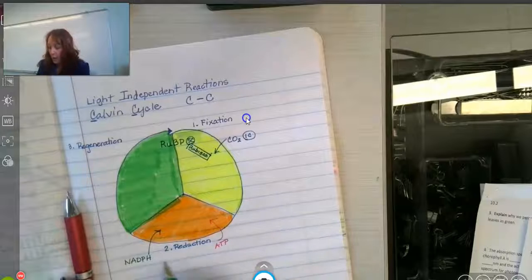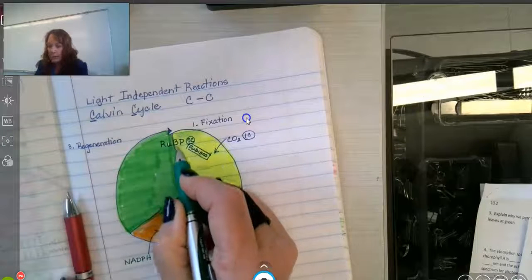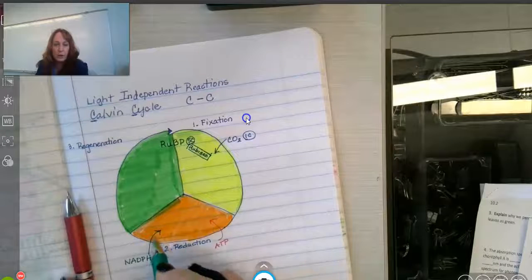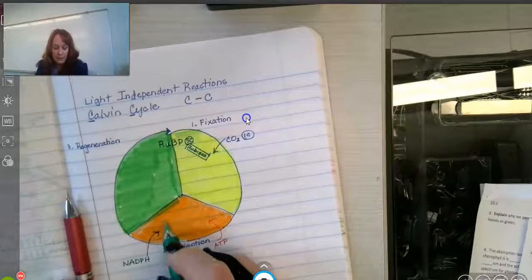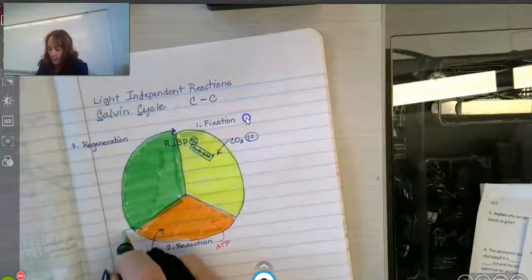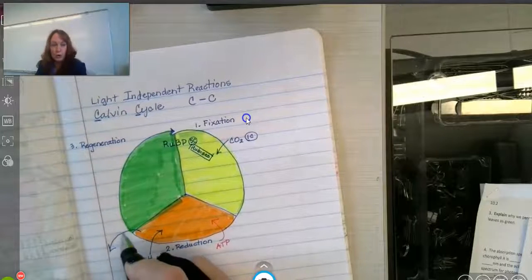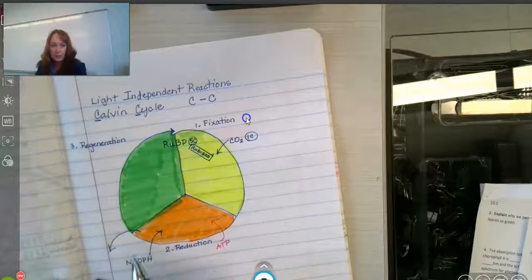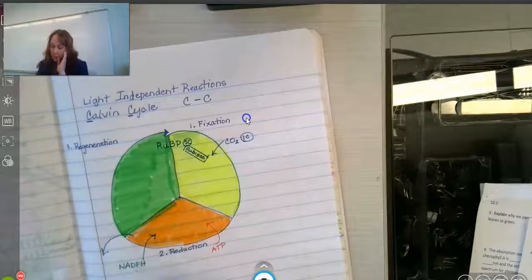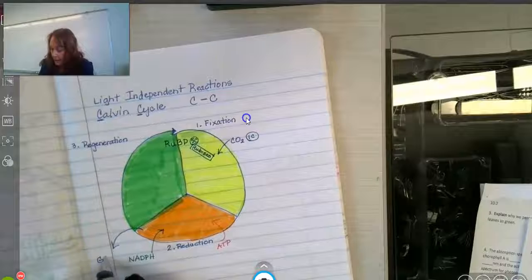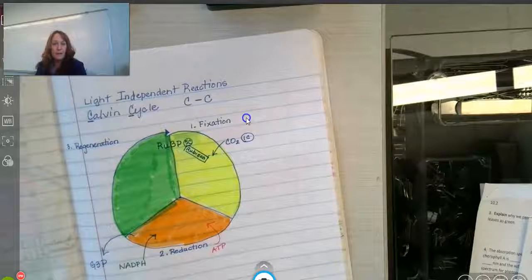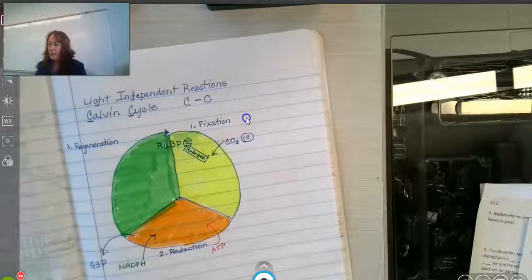So we're now going to take this RuBP plus the carbon dioxide, rearrange it, make some bonds, and what you end up with is the molecule that is generated by the Calvin cycle, which is glyceraldehyde 3-phosphate. Sometimes you'll see it called PGAL, but you're going to get out G3P.